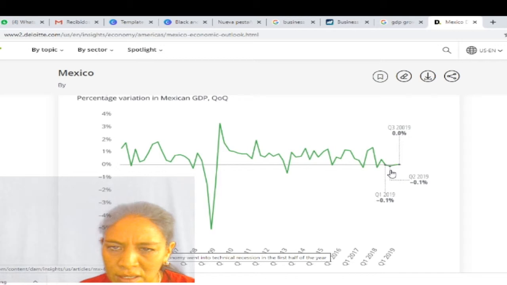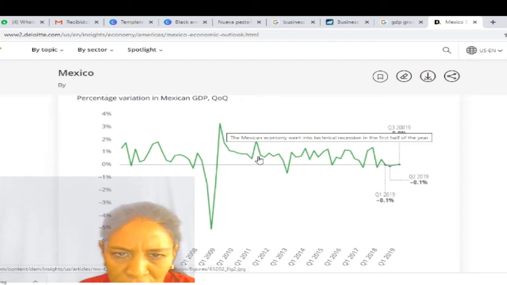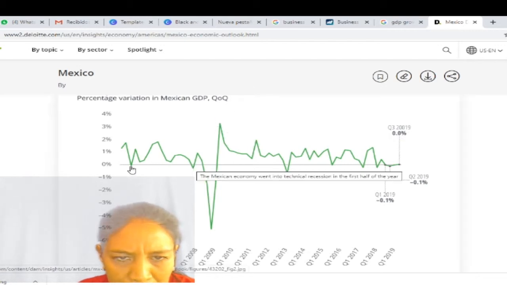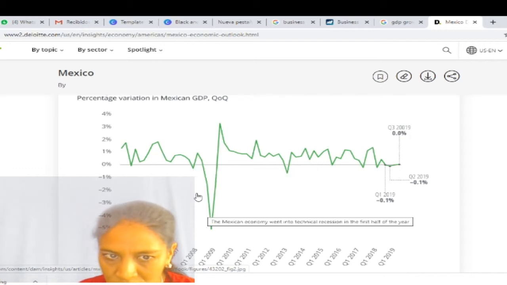A nice thing when you graph the peaks and the troughs is that you have an average. So everything that is above average, even if it's going down, it's still okay. What is very bad is when you go below the average.